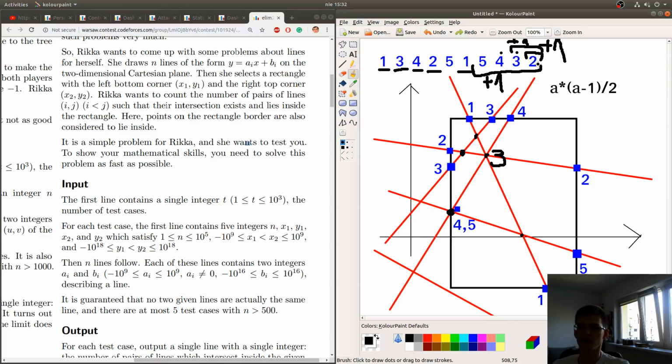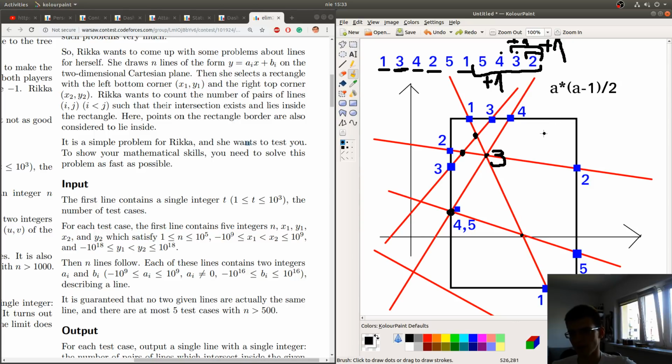Whether you consider some number and then add something to the answer because you noticed this number has some number of intersections with others, but when you consider those other numbers, you also add because of intersections, then you will count each intersection twice, because this intersection between lines 1 and 3 you will count once when considering element 1, and the next time when you consider element 3. So it depends on the implementation. Maybe you will have to divide the answer by 2 at the end.